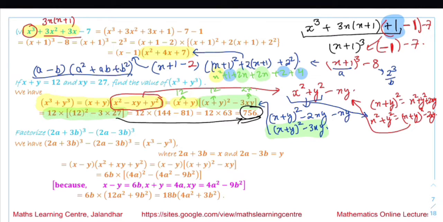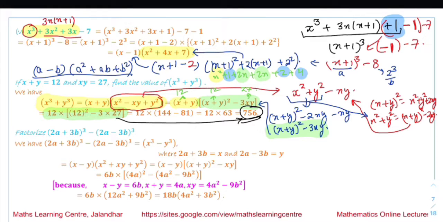Similarly, in the next question, it is (2a plus 3b) whole cube minus (2a minus 3b) whole cube. So again, two types of approaches can be there: you can open the cubes and then manually adjust the terms, see which of the terms get cancelled, and solve to find the final answer.